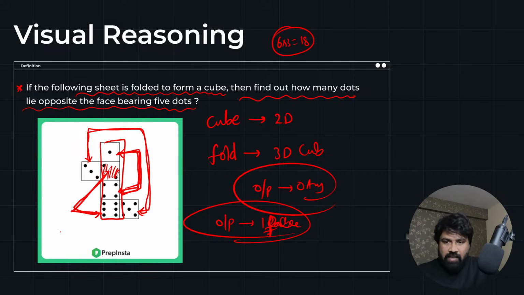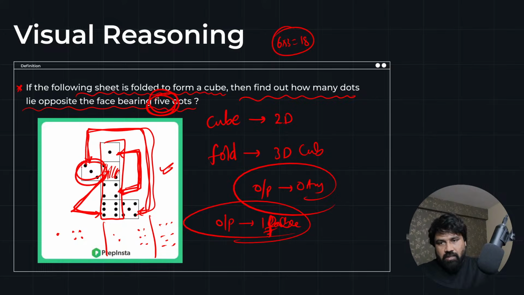So here 1 dot is opposite to 4 dots, and 2 dots opposite to 6 dots, and the remaining 3 dots is having a gap of 5 dots. So these are opposite faces, and they are asking what 5 dots are opposite to. So 5 dots are opposite to 3 dots. So our answer is, you have to select the 3 dots.